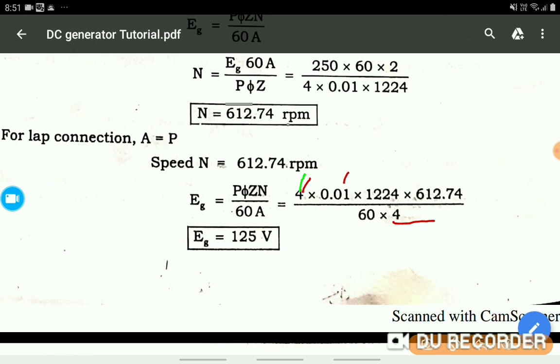The rest of the things are known. Taking the speed from the previous subdivision, by mere substitution and calculation on a calculator, Eg comes around 125 volt. And students, this is also a very simple thing to understand.